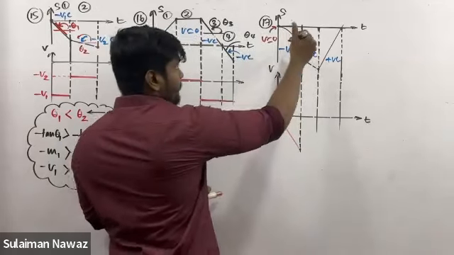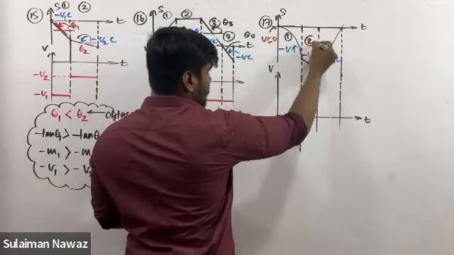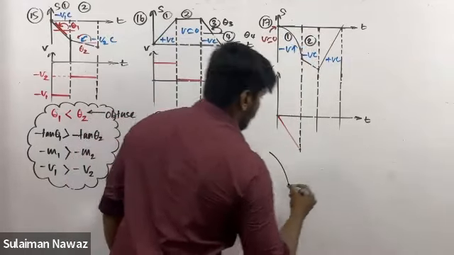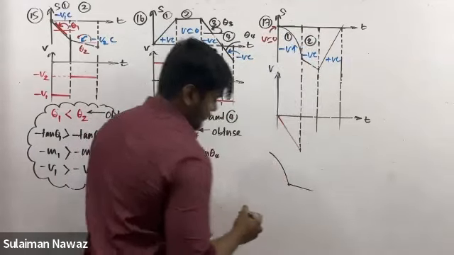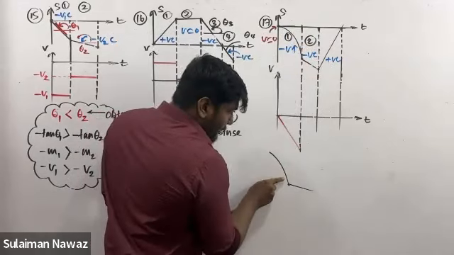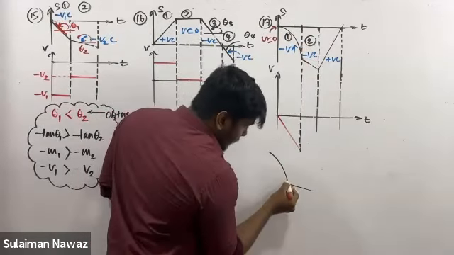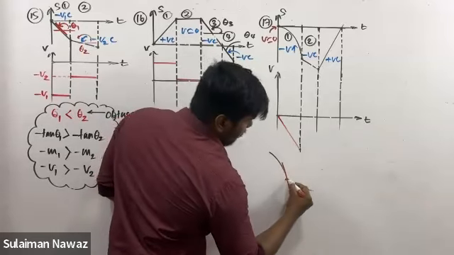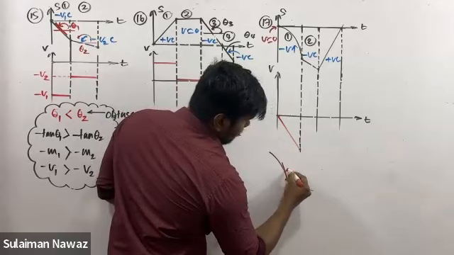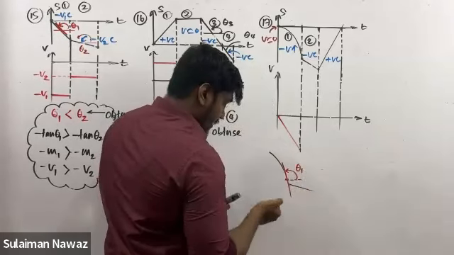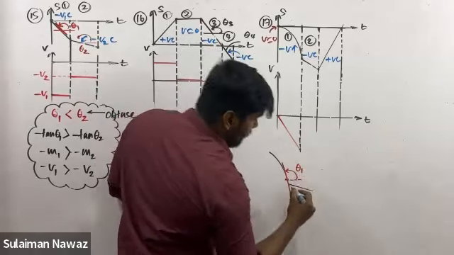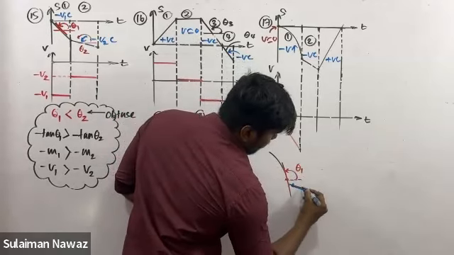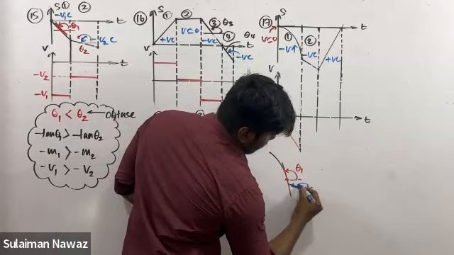Now if I draw the first part and second part, the last point in the first graph, if I draw a tangent line, then I am getting an obtuse angle. If I draw a tangent line to the first point in the second graph, then also I am getting an obtuse angle.